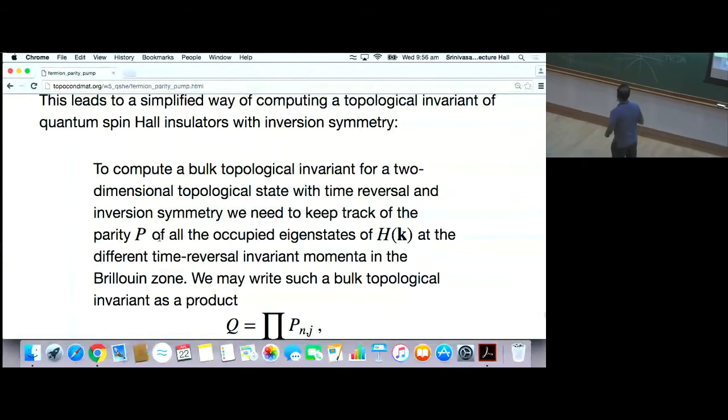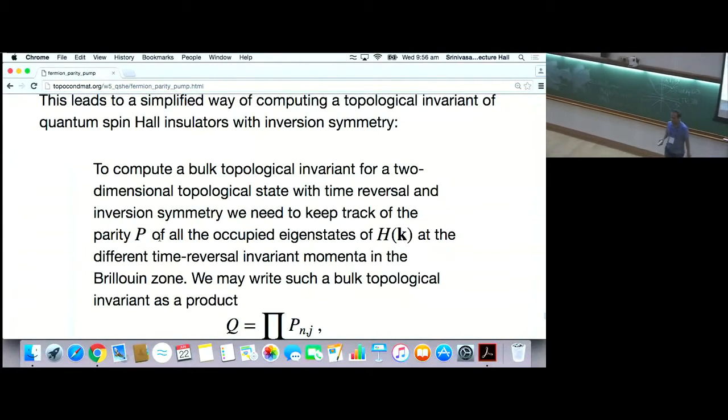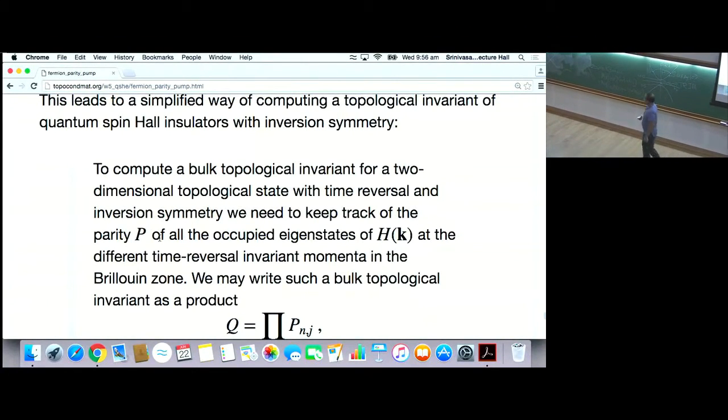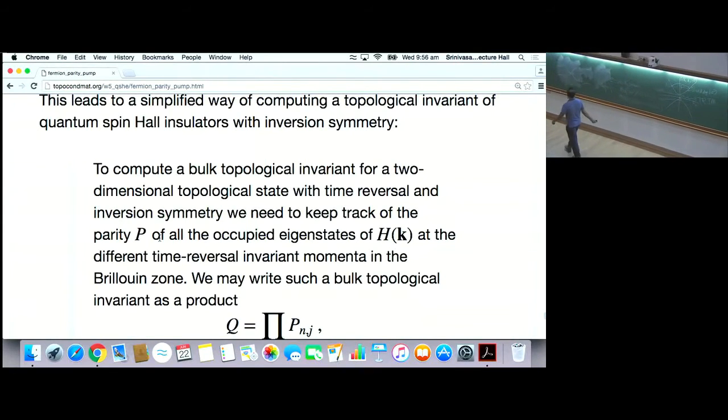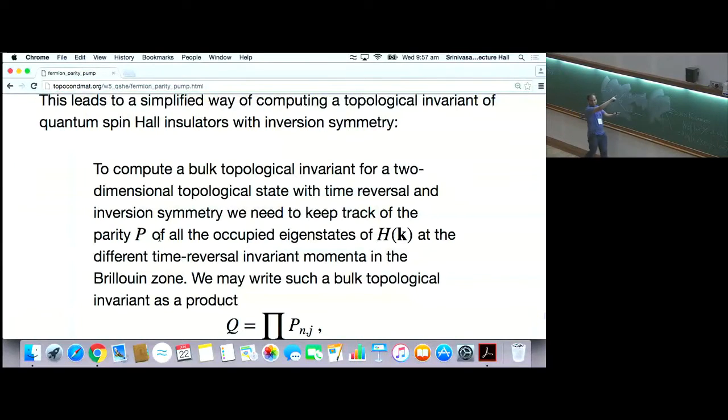So this mass, which seemed kind of abstract here, ultimately is the parity eigenvalue. So at the transition, at the domain wall, what happens is one odd parity orbital and one even parity orbital flip sign.